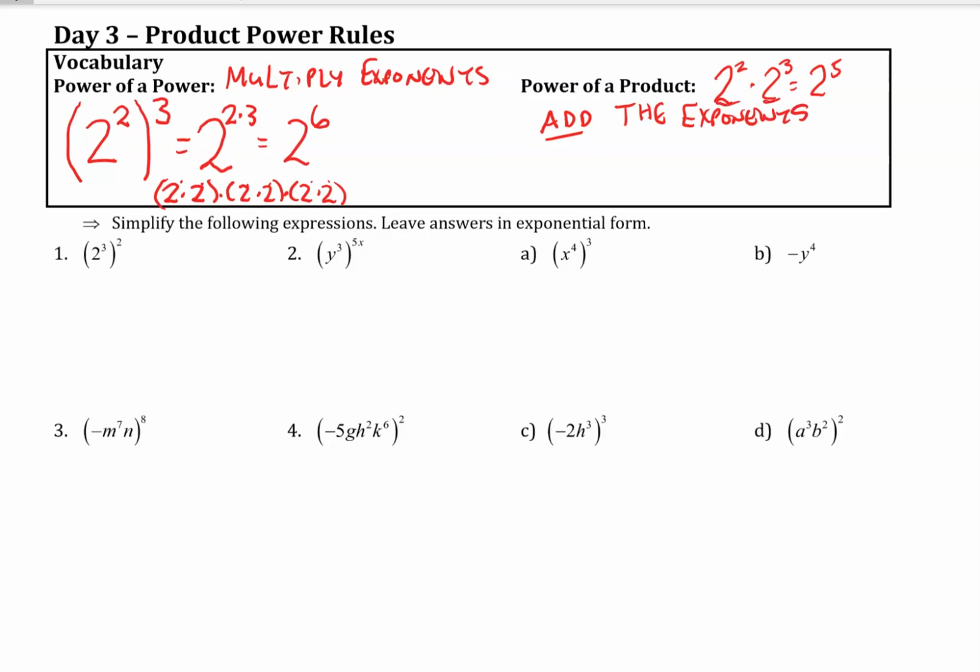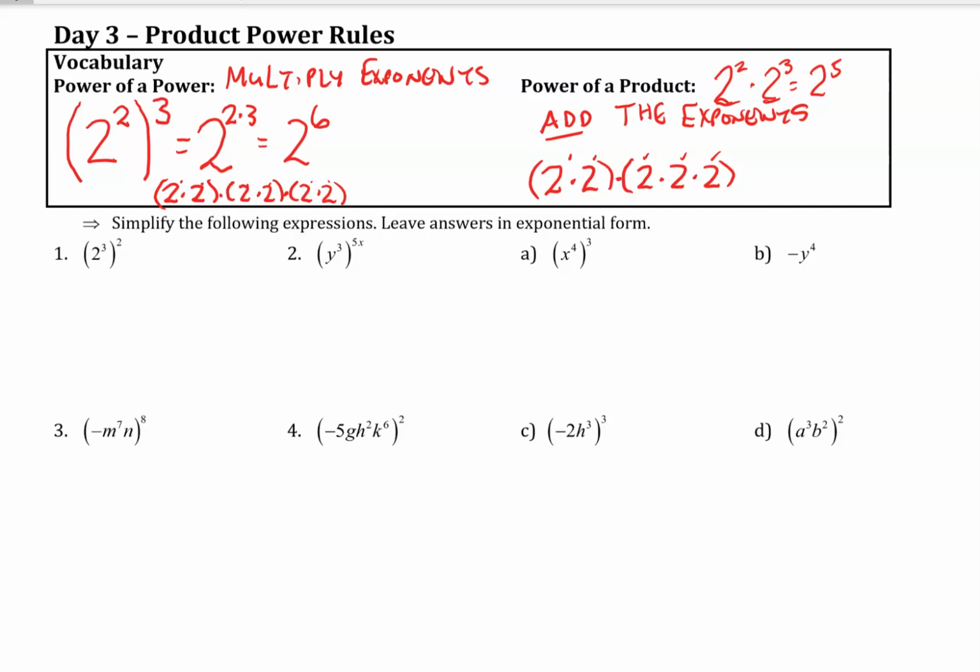Same base. So let's think about why that is. If I took 2 squared, 2 times 2, and then I multiplied it times 2 cubed, 2 times 2 times 2, I would have 2 to the 1st, 2nd, 3rd, 4th, 5th. So we add the exponents together.